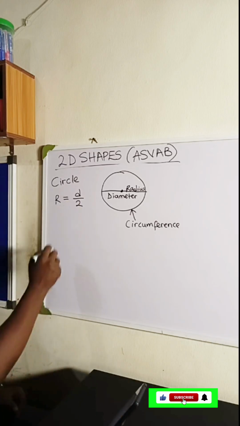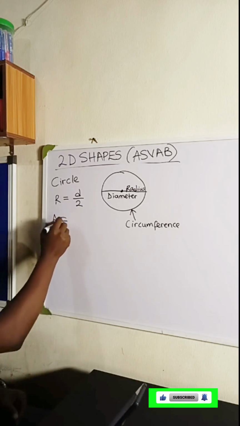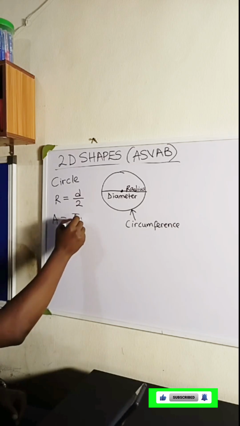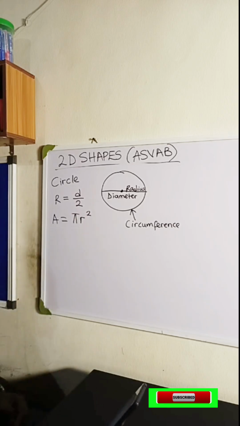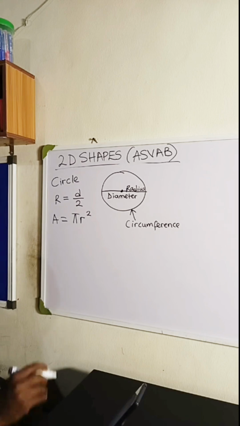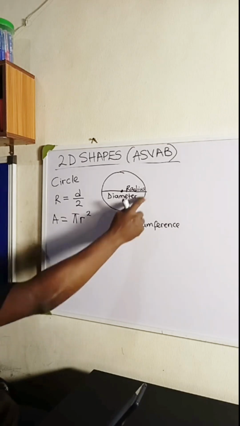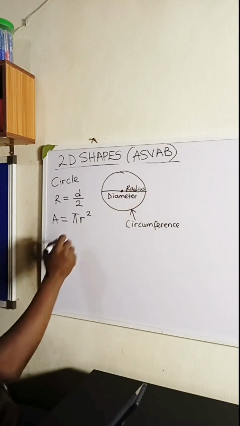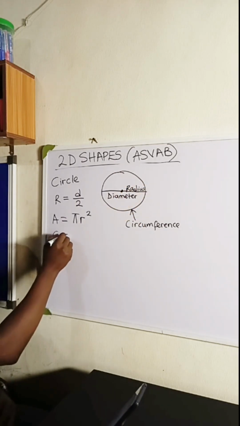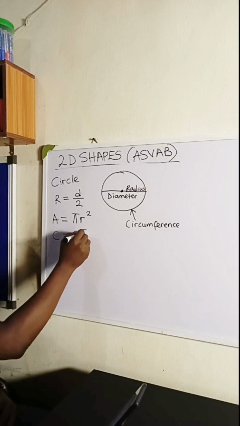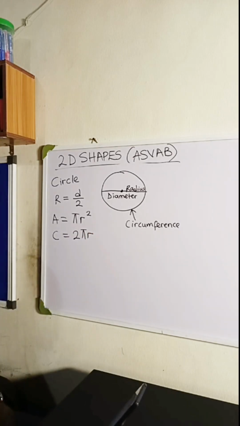The formula for the area of a circle is equal to pi radius squared. But the circumference, remember, is the line surrounding the circle. The circumference is equal to 2 pi radius.